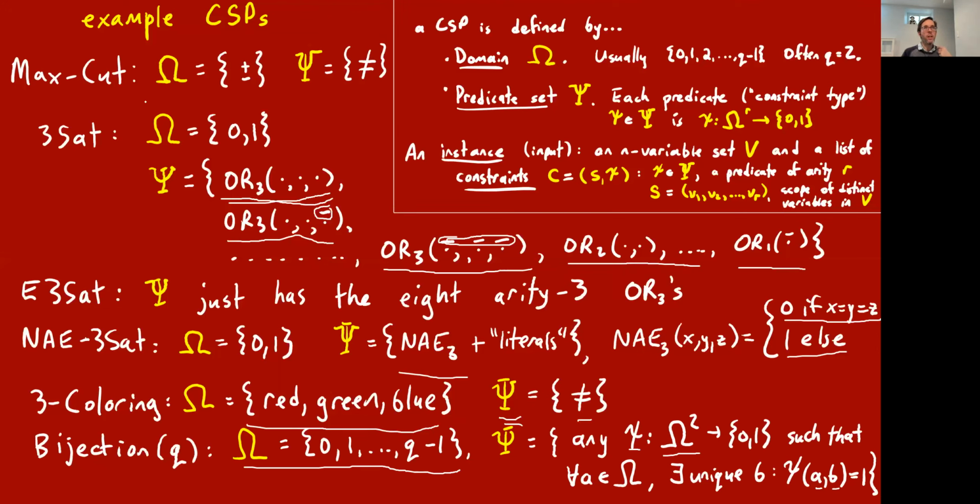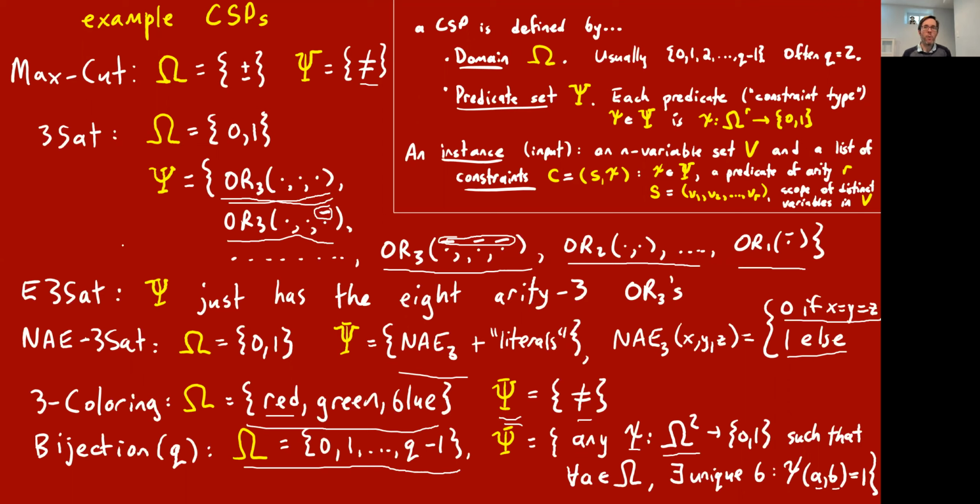For example, Max-Cut has this property because with the not-equals constraint over a plus-or-minus 1 domain, no matter what you assign to the first vertex, there's exactly 1 way to assign the other vertex to satisfy the constraint. But it doesn't have this property in 3-coloring, because if you assign one vertex red, there isn't a unique correct way to assign the other one. You can do green or blue.